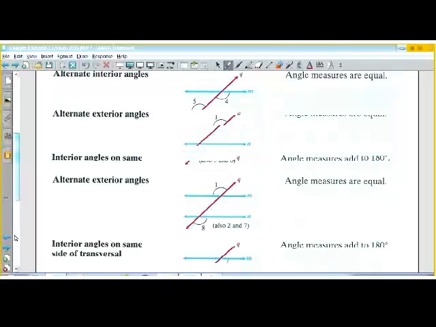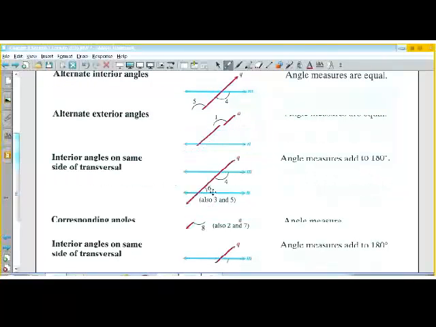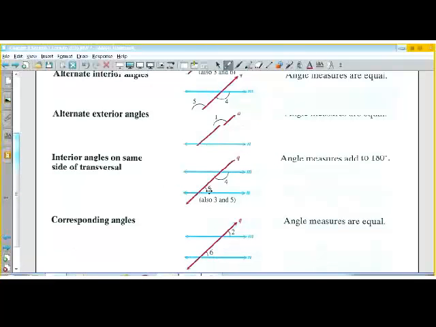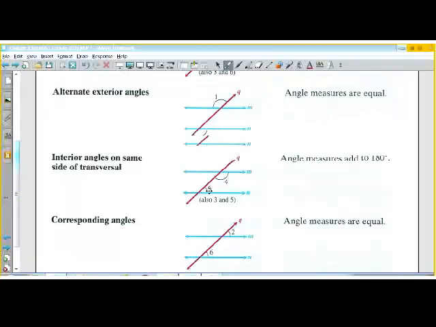Then you have the other case, this case. These are called interior angles on the same side of the transversal. That's a mouthful. They're on the same side because they're both on this right side. And in this case, because one's big and one's small, they add up to 180 degrees. So that's the rule.